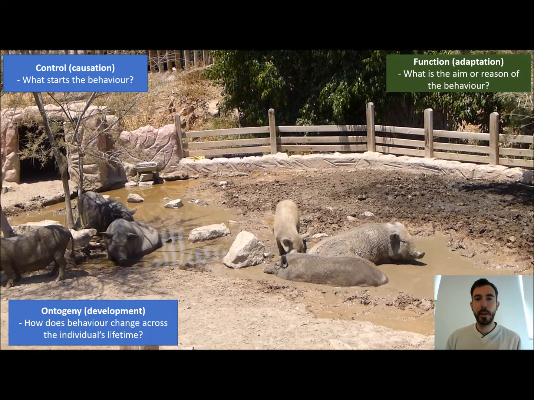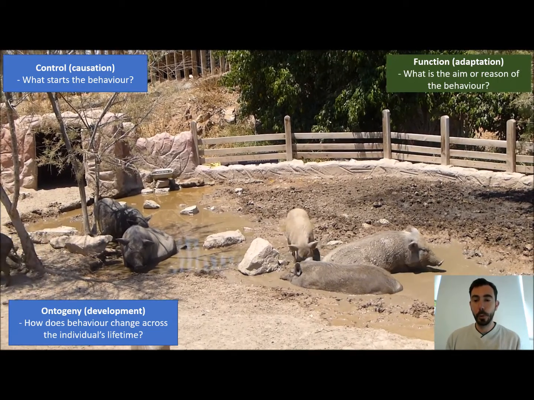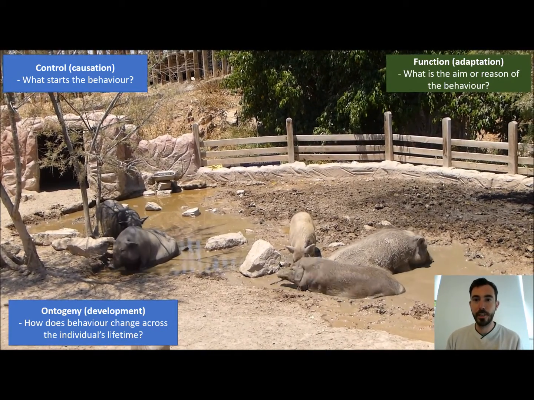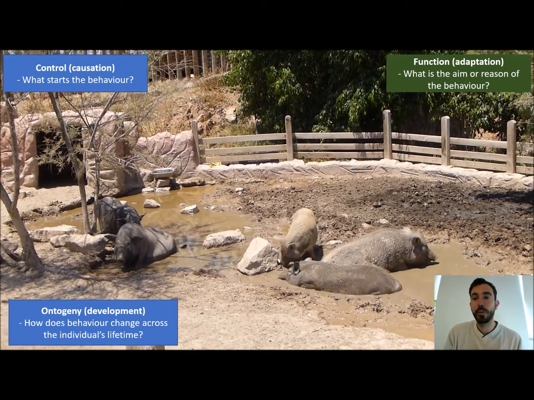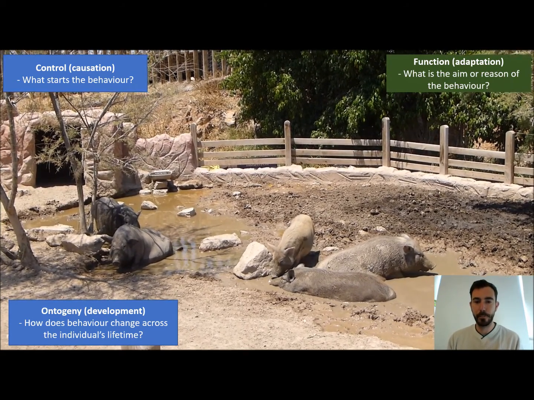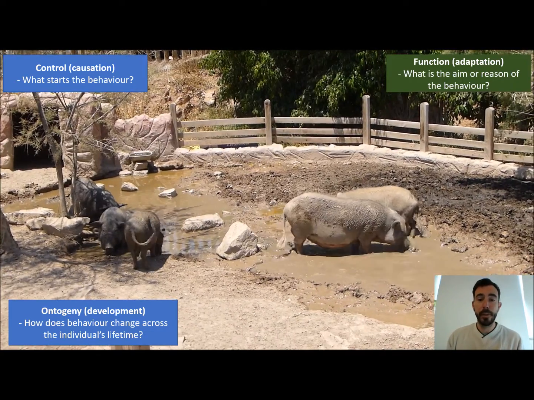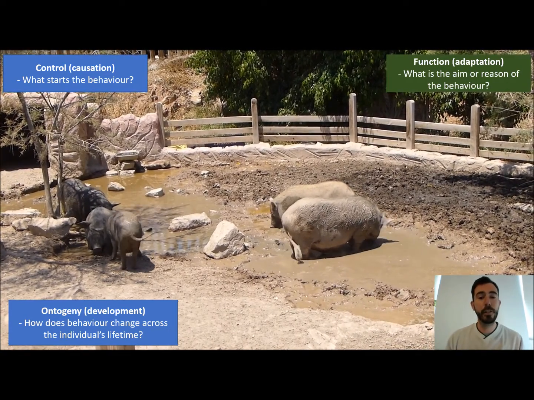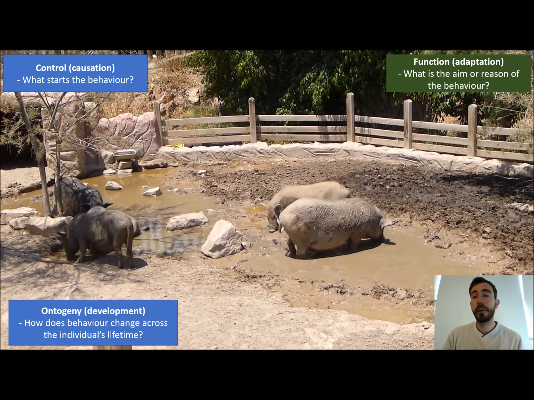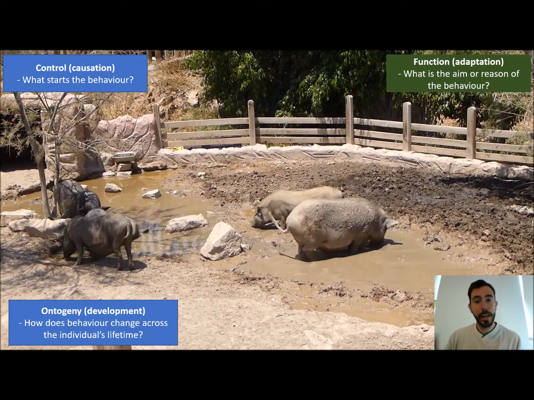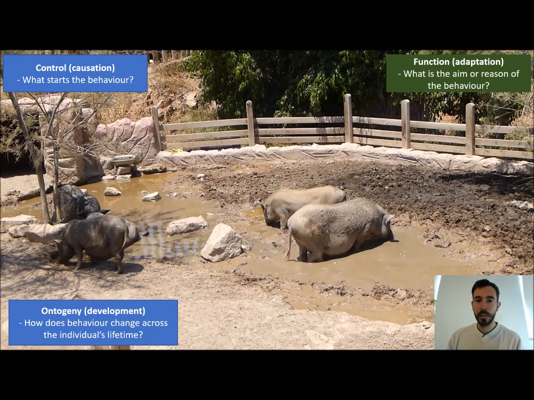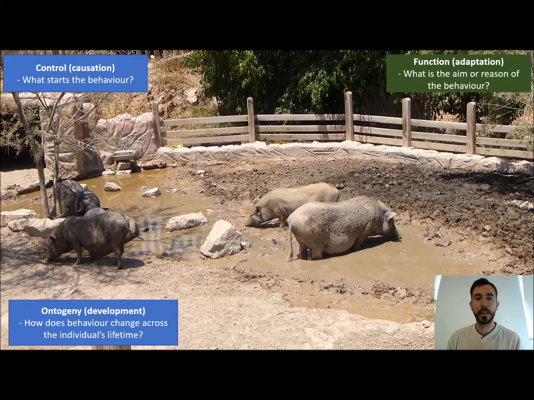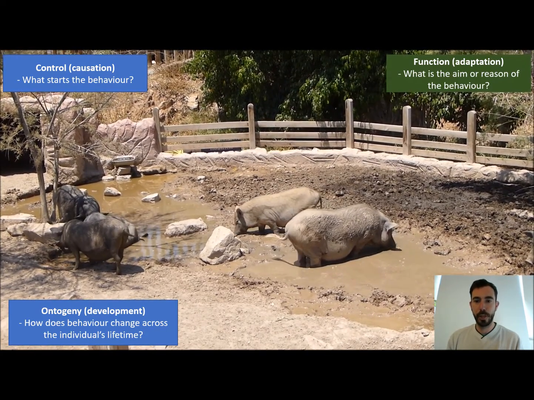The third of Tinbergen's questions is what we call function or adaptation. What's the aim or the reason behind the behaviour? Well, the rooting behaviour, the searching for food, obviously is part of a pig's foraging behaviours. And foraging satiates hunger, it reduces levels of hunger. So the pig is driven to perform that as part of its normal time budget.